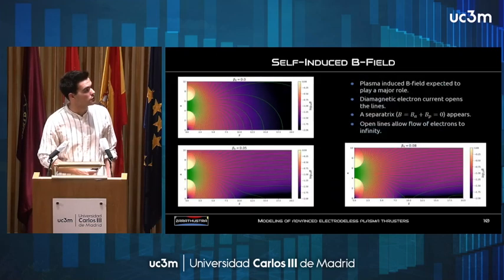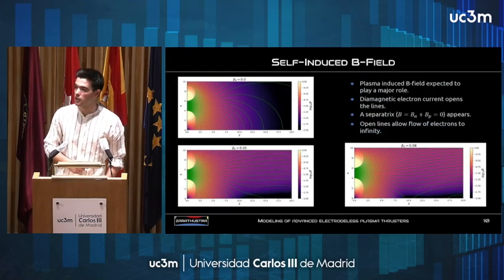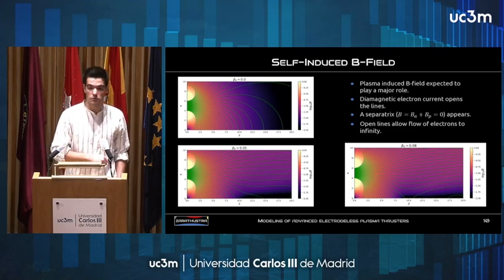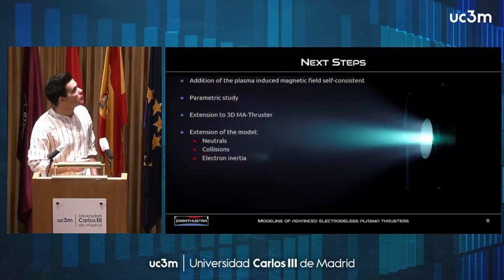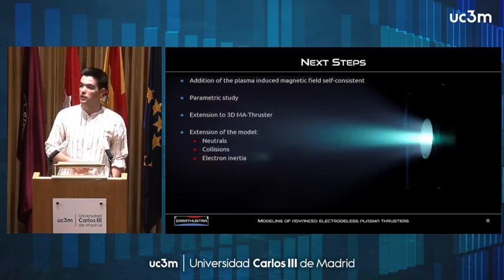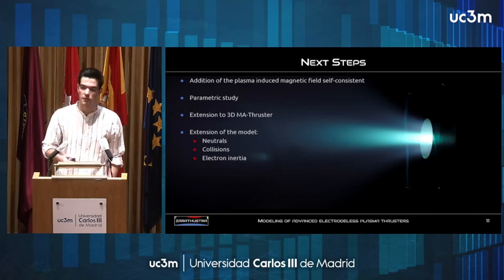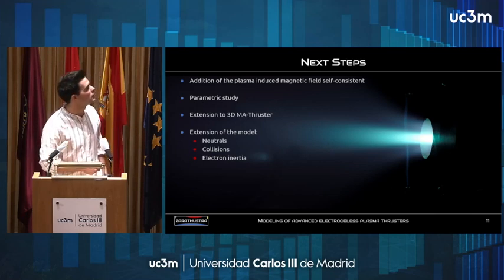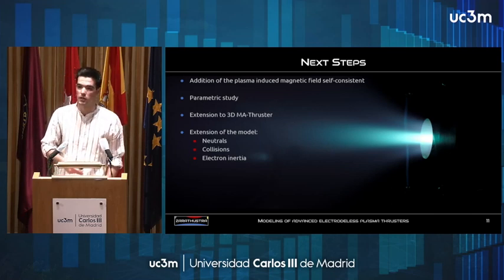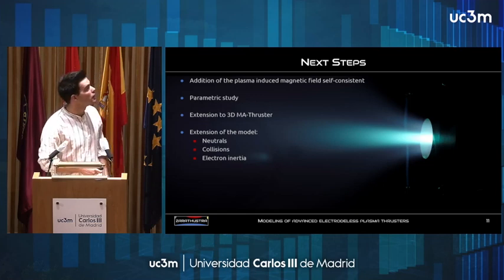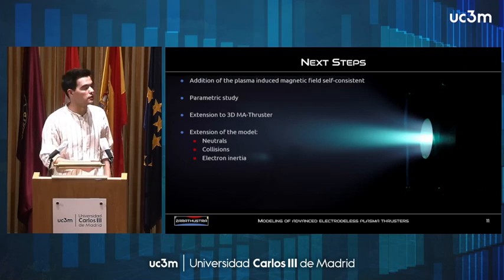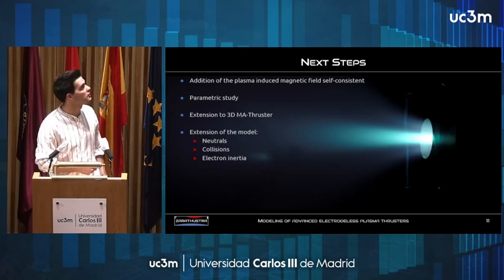So we have to feed this magnetic field topology back to the simulation and repeat that in an iterative way until we reach convergence. We also want to make a parametric study on how much the parameters of the simulation influence the results. For example, the magnetic topology, the radius of the infinite wires, or the map of HE, etc.